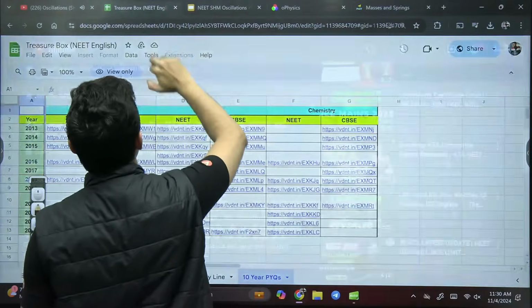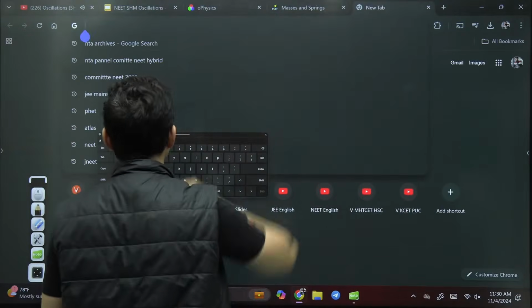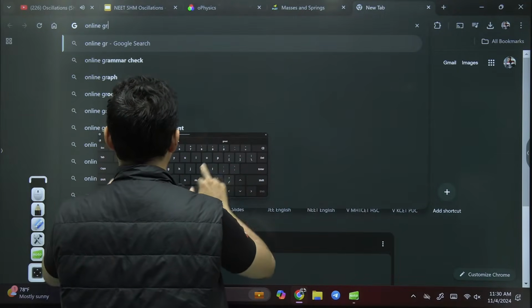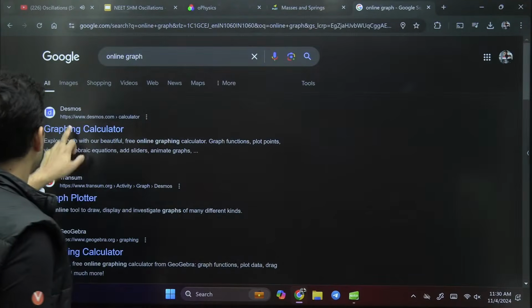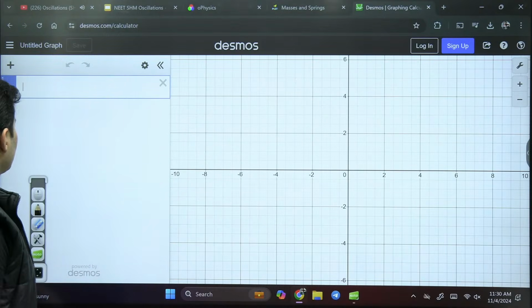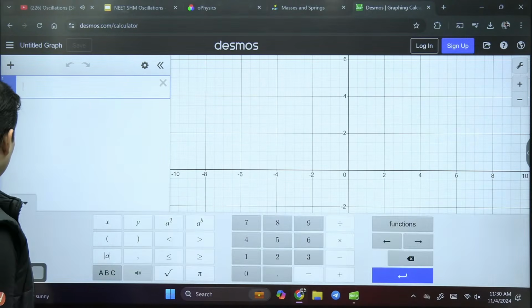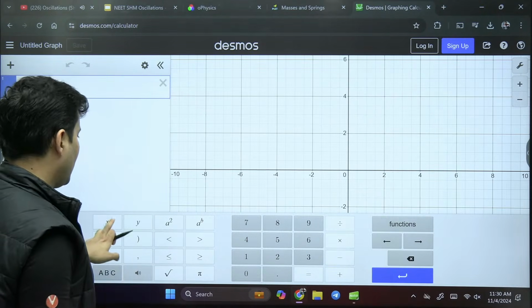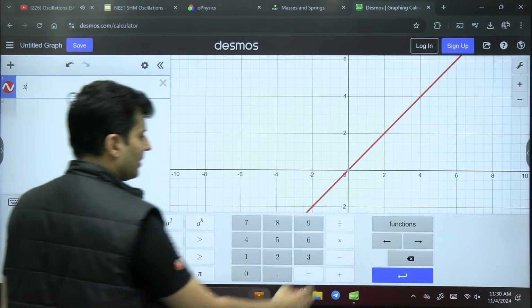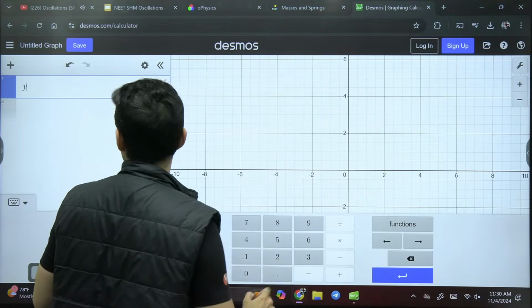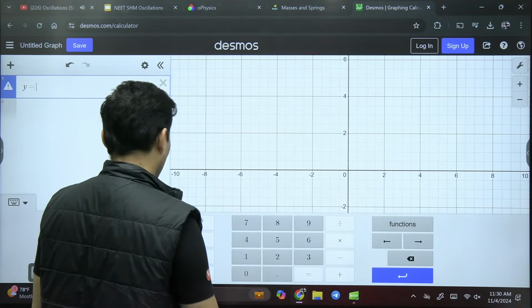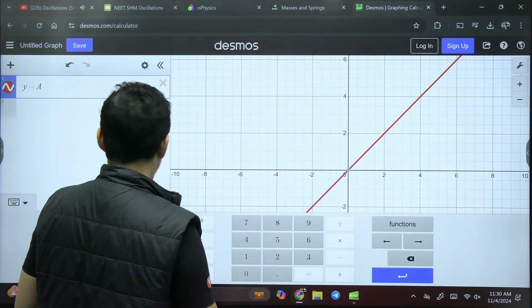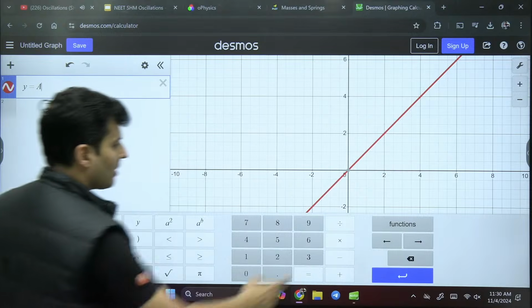So let's say I go to Desmos. Yes, I go to Desmos and I start typing over here. Okay, so let's say x, or let's say here actually it will be y because we will be doing it in the y axis. y is equal to some constant a, and then where are our functions?